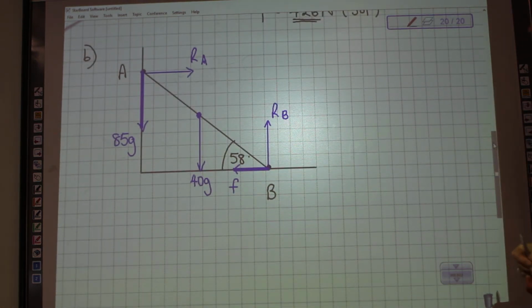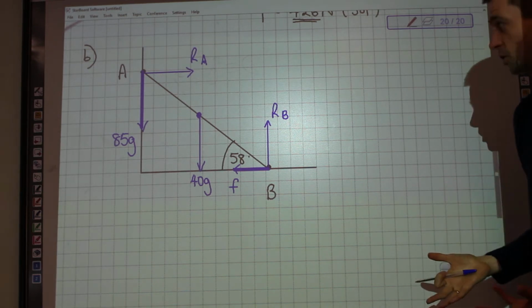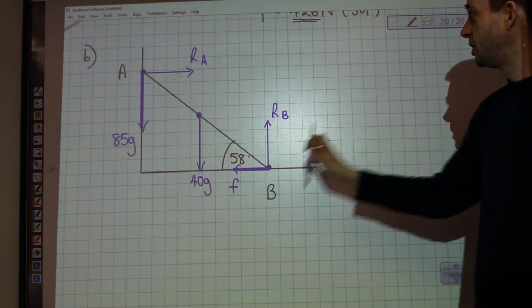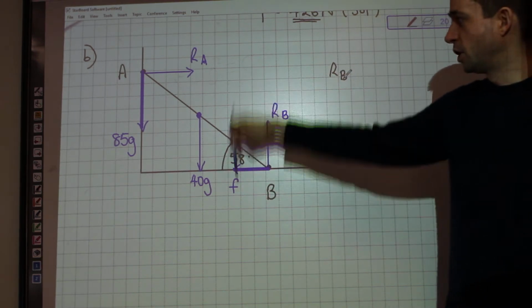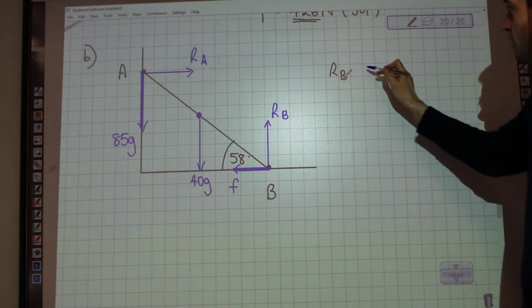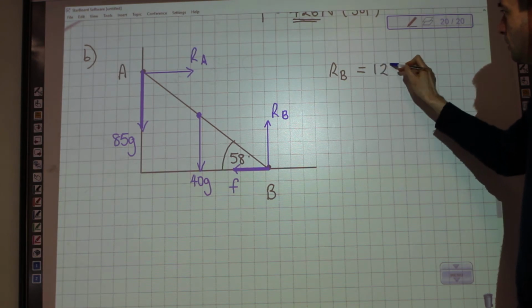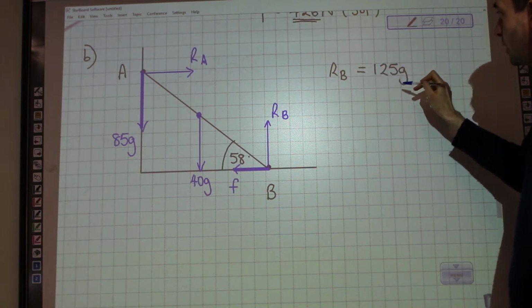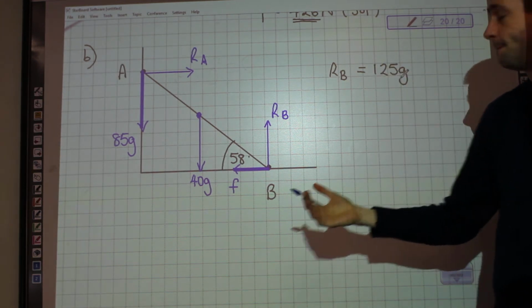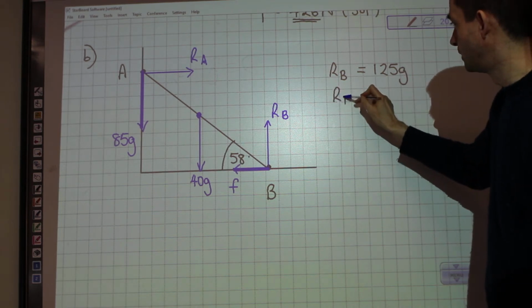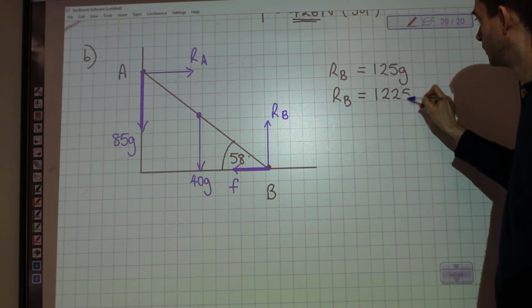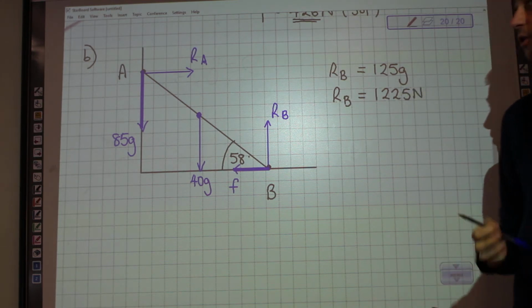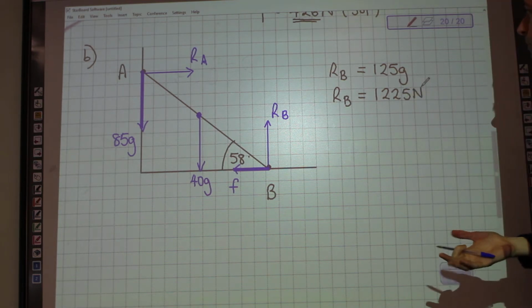Okay, so what hasn't changed? Well, the total force up is still the reaction at B. The total force down is still the total weight, I should say, sorry, of the man and the ladder itself. So the reaction at B is still 1,225 newtons.